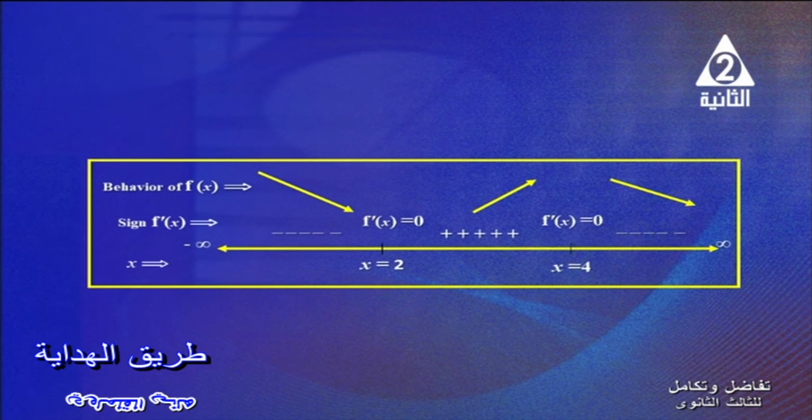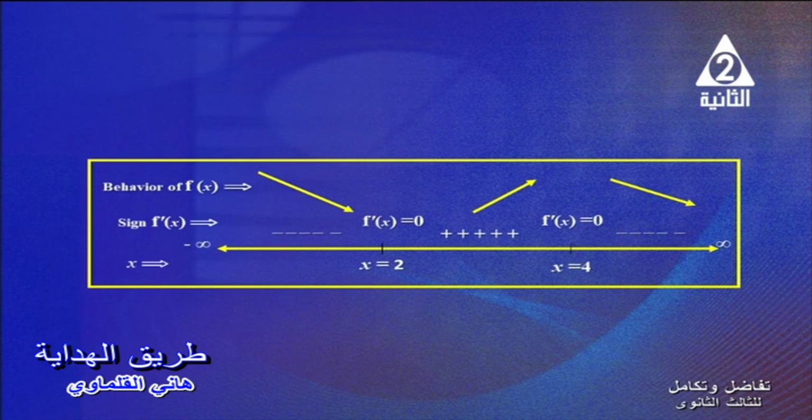Now we have f dash x negative in the open interval (negative infinity, 2), so the function is decreasing in this interval. F dash x is positive in the open interval (2, 4), so the curve is increasing in this interval. F dash x is negative in the open interval (4, infinity), so the curve is decreasing.